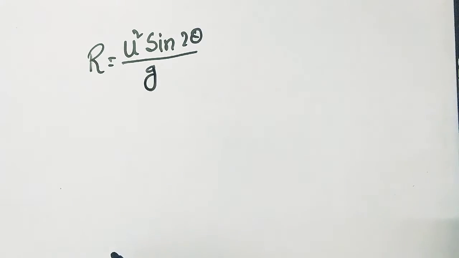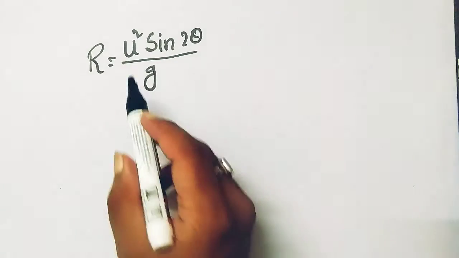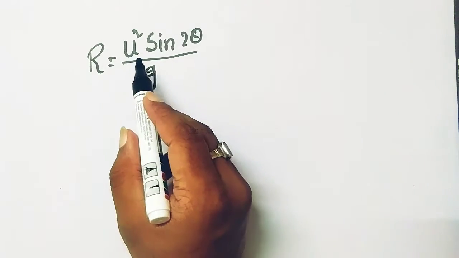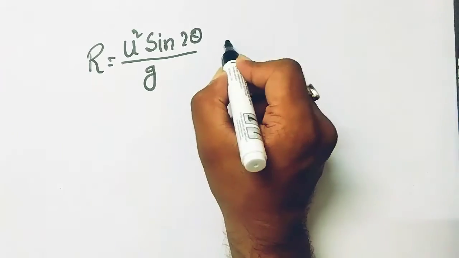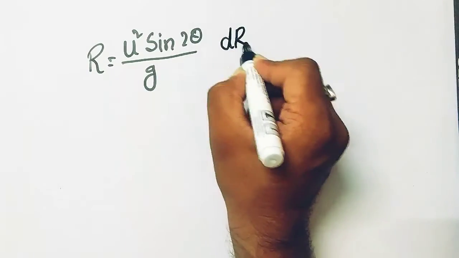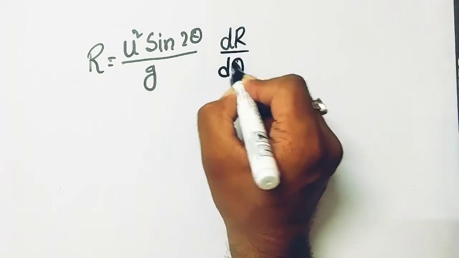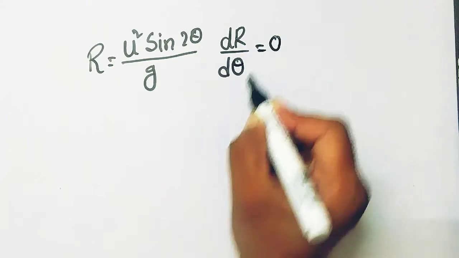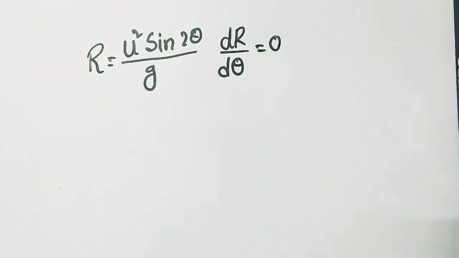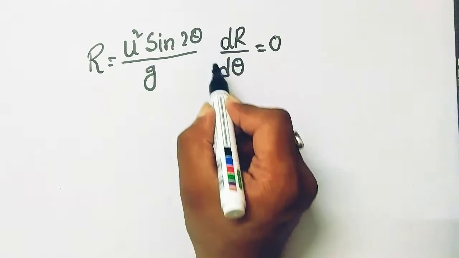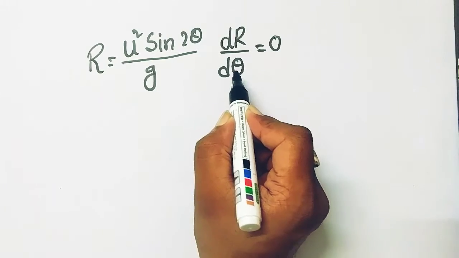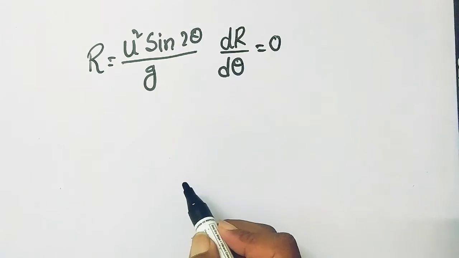Now in this equation, if u is constant, then there is only one variable, that is theta. So the range will be maximum when dr d theta is 0. This is the condition for finding the maximum range, because if u is constant, then only the values of theta can change the range.